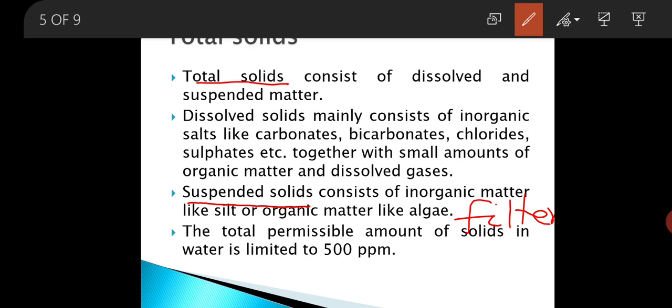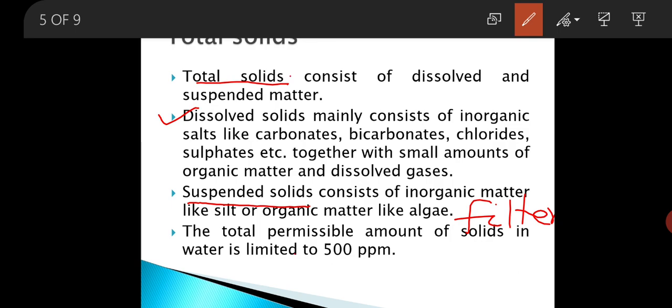Then the dissolved solid can be represented by the difference between total solid and suspended solid.